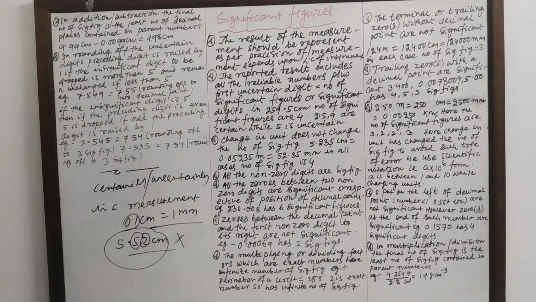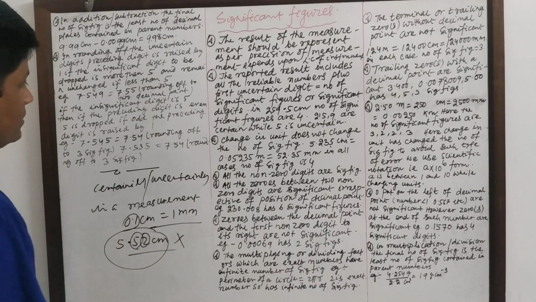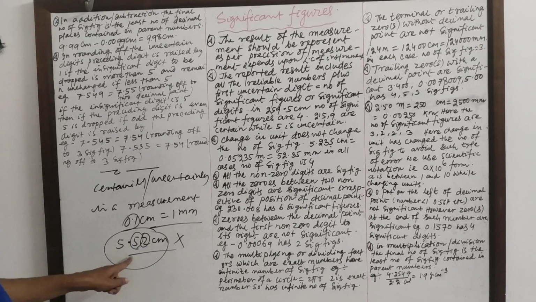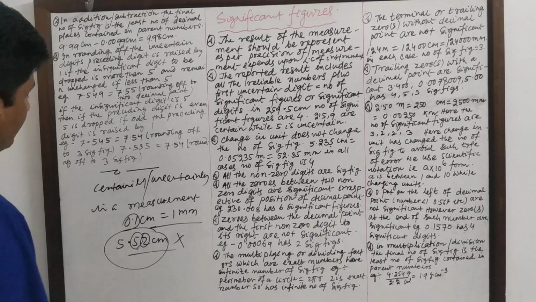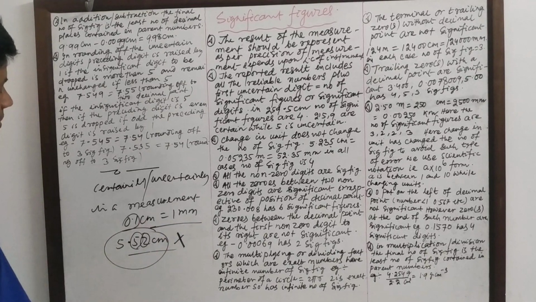If it is measured with a vernier scale or a screw gauge, then the resolution will be like this, but with a meter scale it cannot be measured like this. So here this is the least precision.